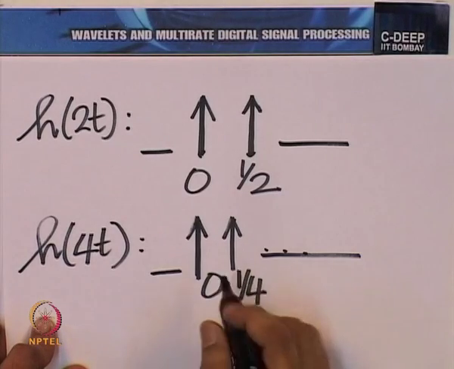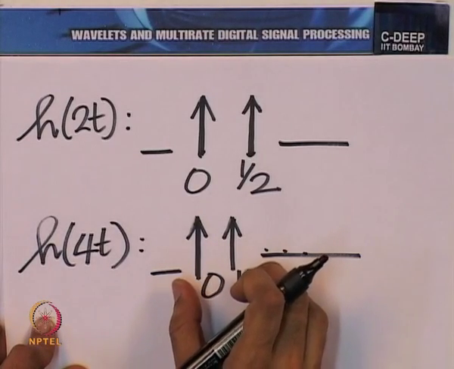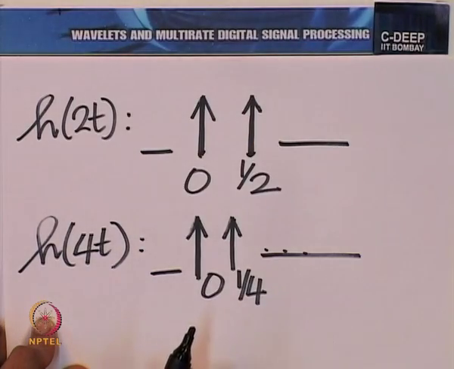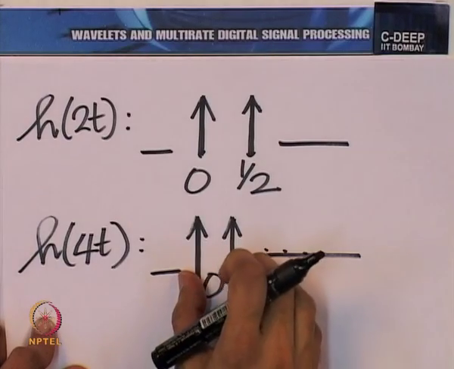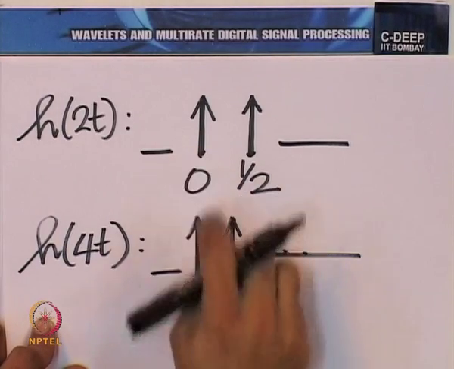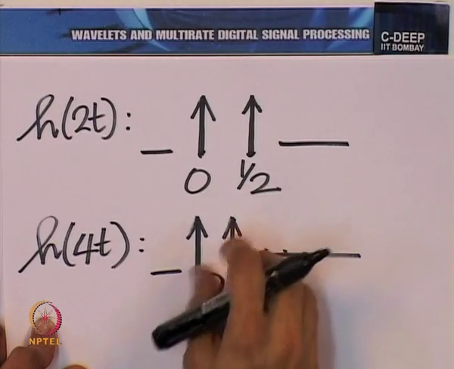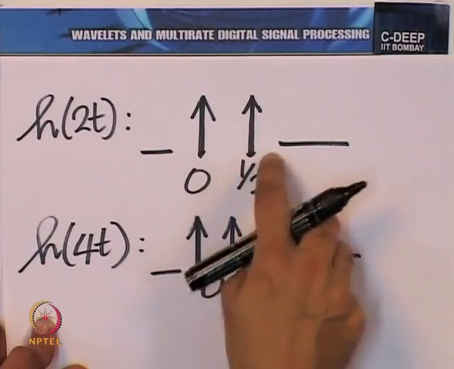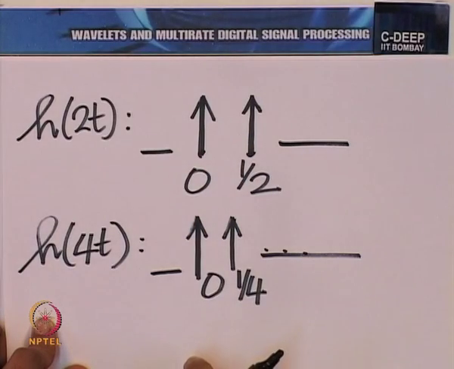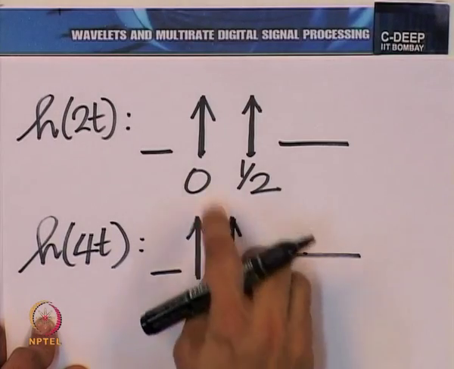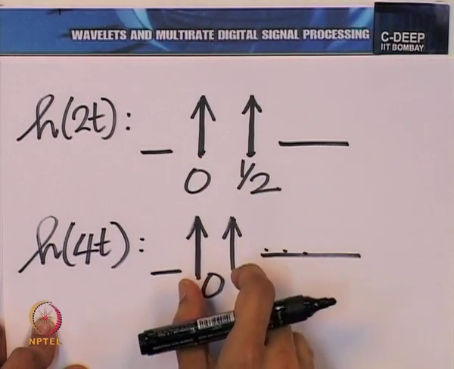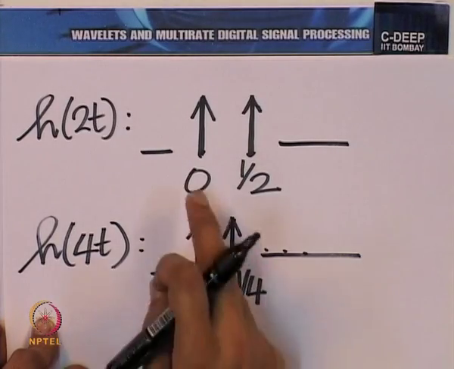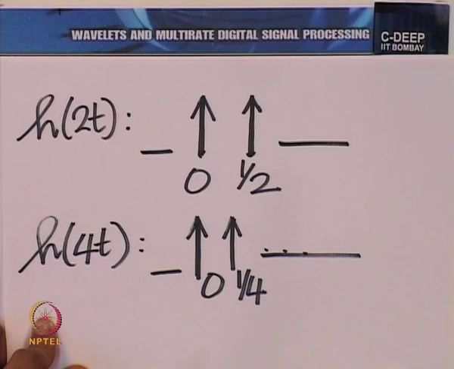If you ignore the heights, and note the heights are equal here, then when you convolve this h of 4t with this, you could treat it as the convolution of this with this impulse plus the convolution of this with just this impulse, and you could sum these two independent convolutions. When you convolve this with this impulse, you simply relocate this at the position 0, and that gives you back h of 4t.